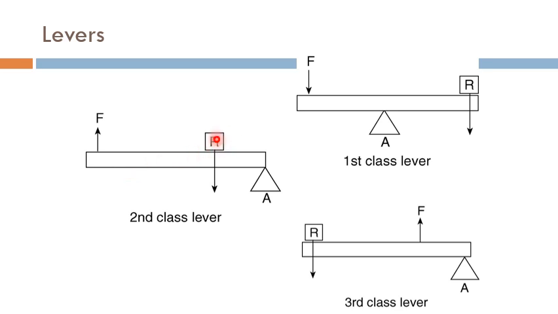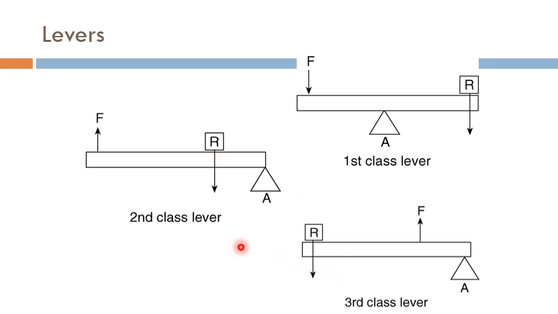So for instance, if this is a real heavy resistance here, and you're picking it up over here, you'll have a greater ability to pick it up. However, it's not going to move very far. So the second class lever will favor force at the expense of the ability to move the resistance.